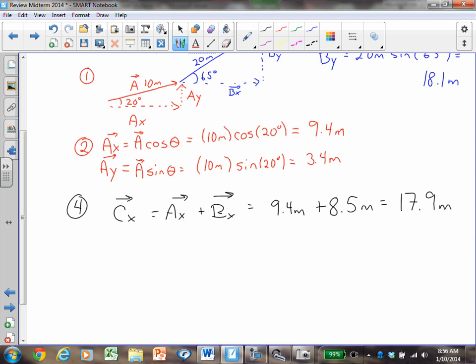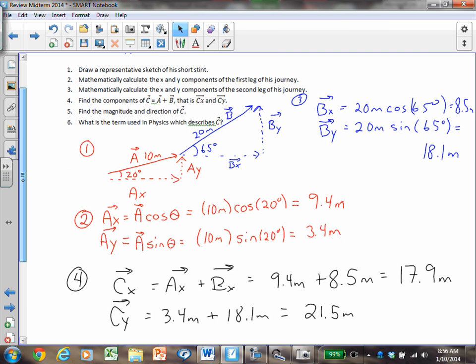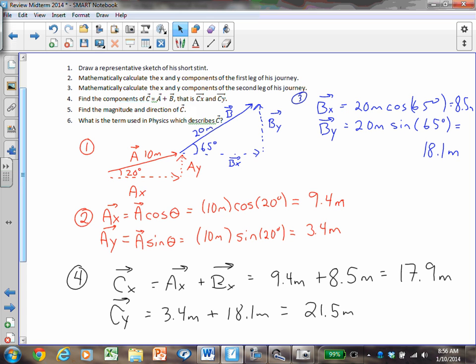Okay, and then Cy, similarly, is 3.4 meters plus 18.1 meters, which is 21.5 meters.